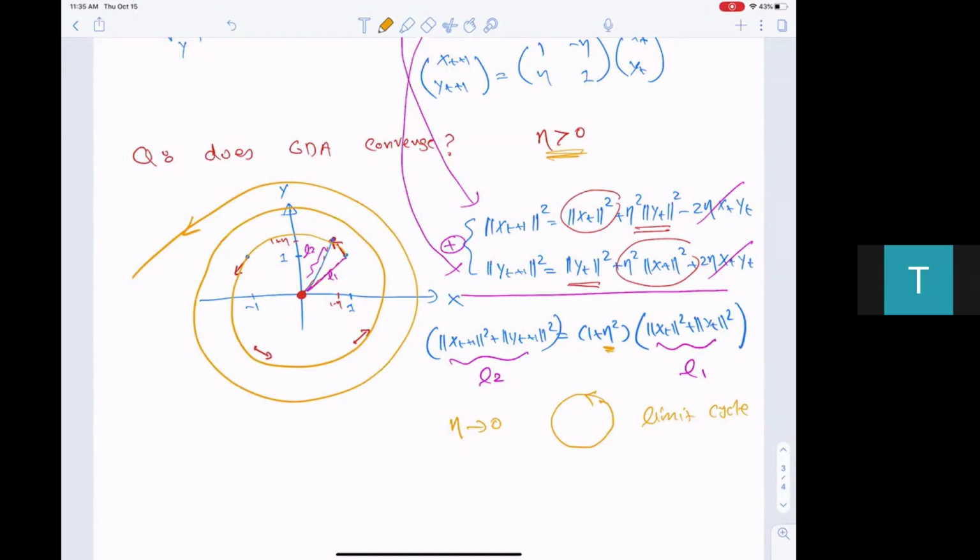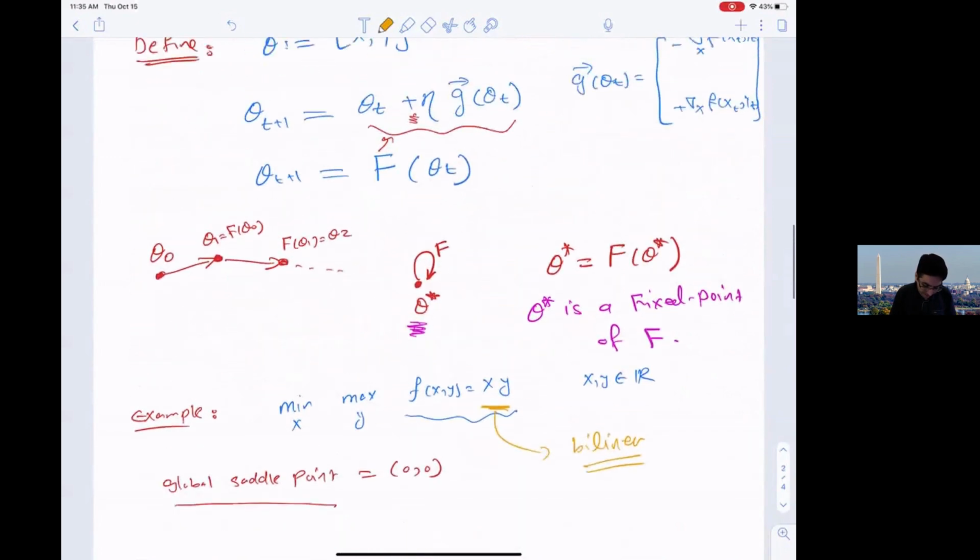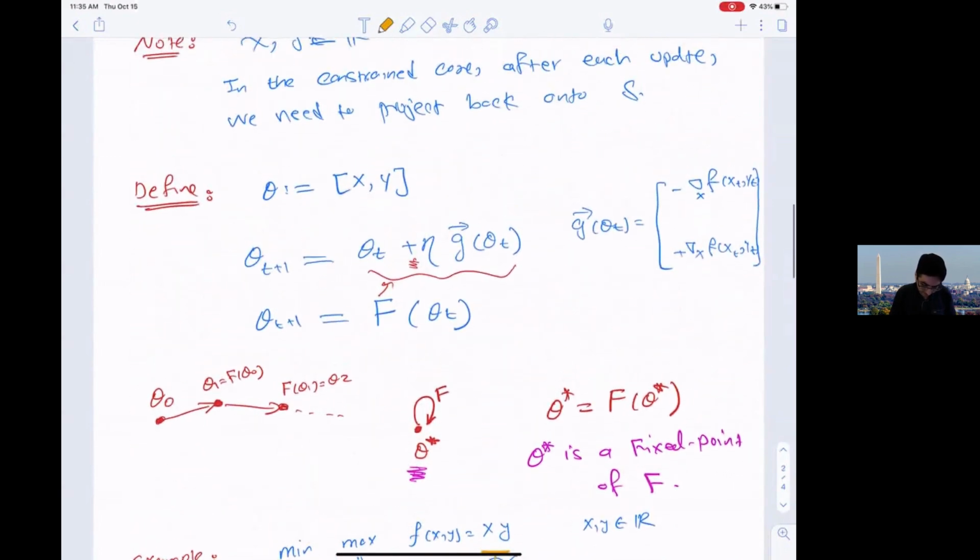Professor? Yes? I'm just asking, does the same case hold if eta is negative also, because we are taking eta squared? Do we have to hold the assumption that eta is always positive, because it is the same, right? If eta is negative, eta is a learning rate. So from the GDA dynamics, it can't be negative, right?